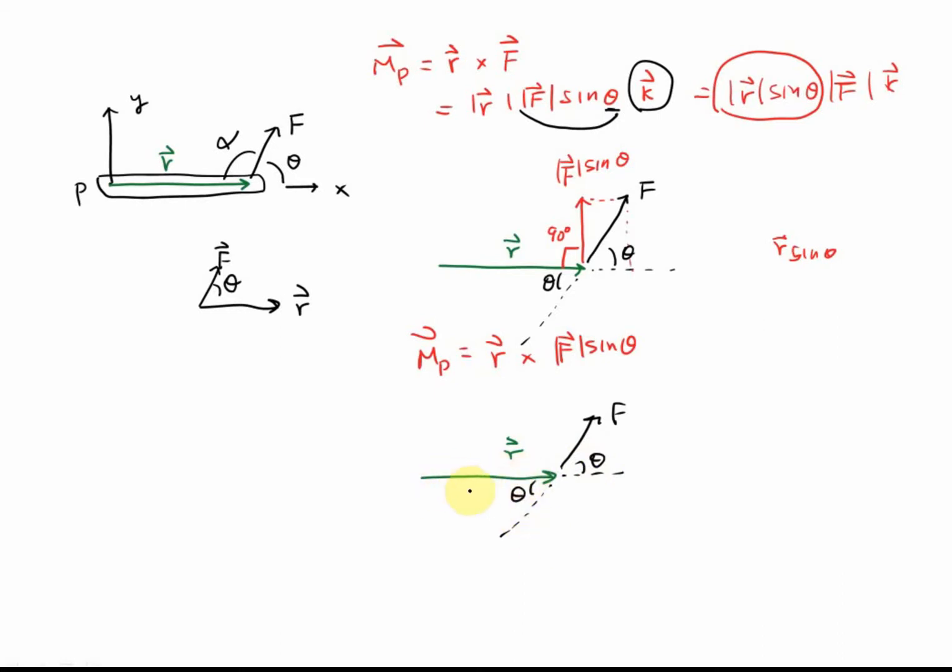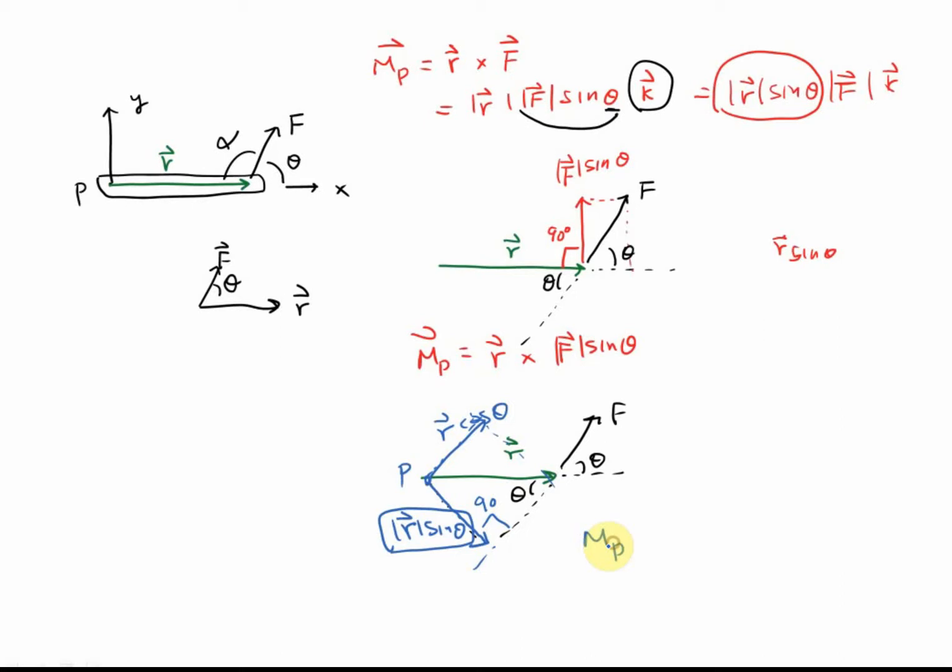Then this is r sine theta, and then this is r cosine theta. So r sine theta, from your point P, will be at 90 degrees to the line of your force vector.